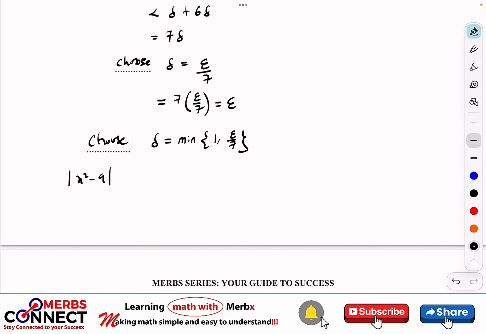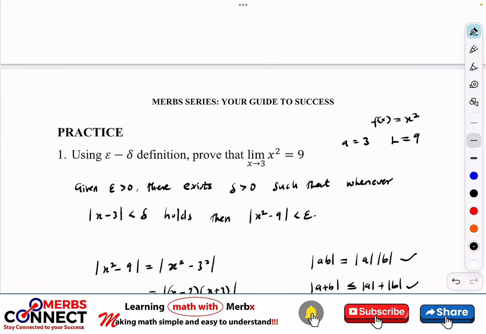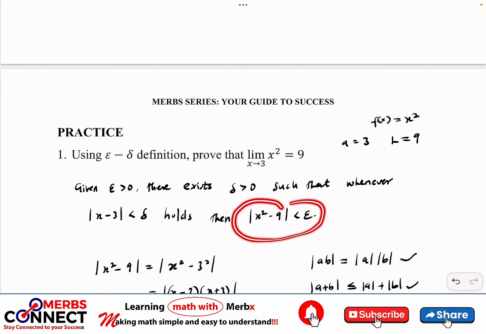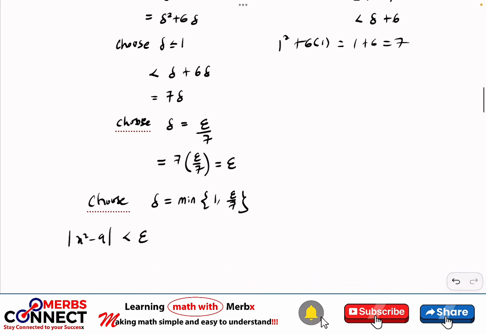So this is less than epsilon here. So this is what we are going to get when I choose my minimum to be 3. So here, since we have proven that yes, this is less than epsilon, then this is true because epsilon is arbitrary. So this is kind of like 0, and it's basically 0 from there.